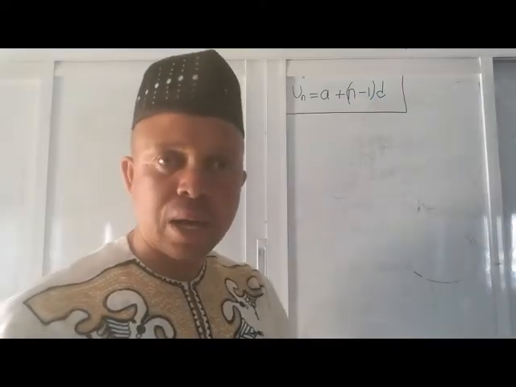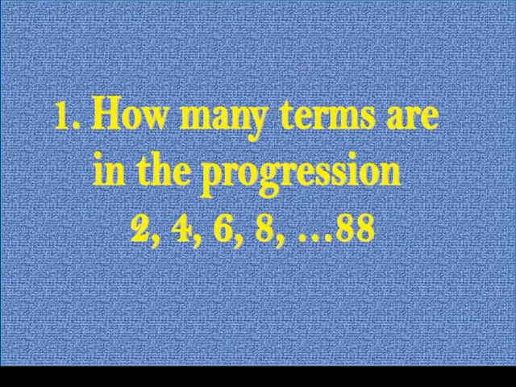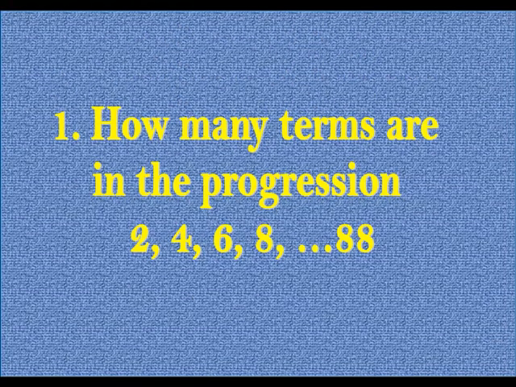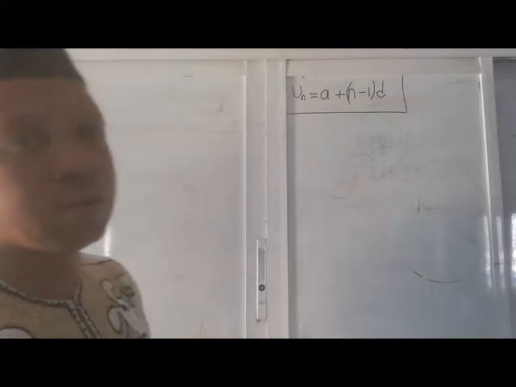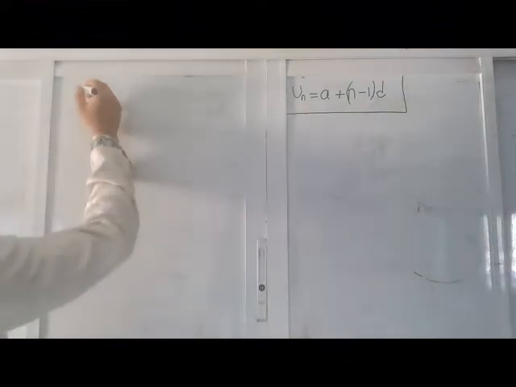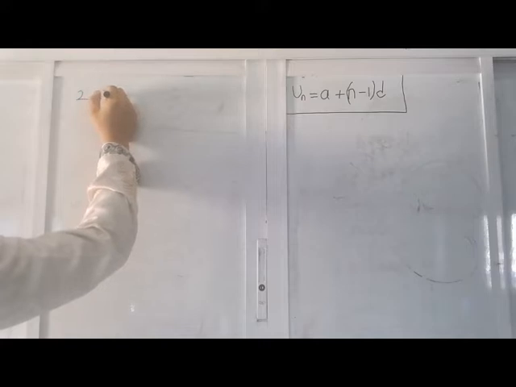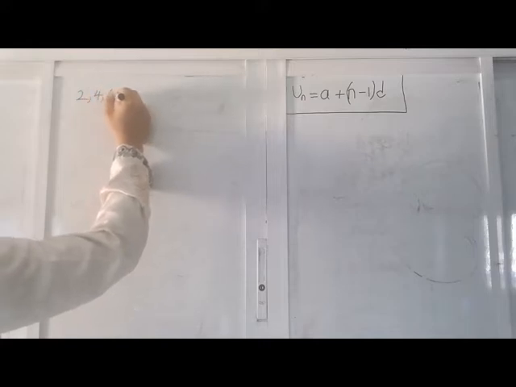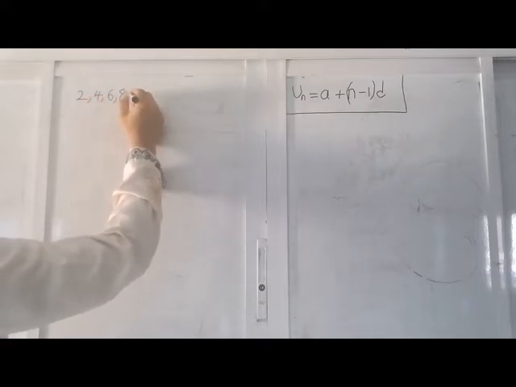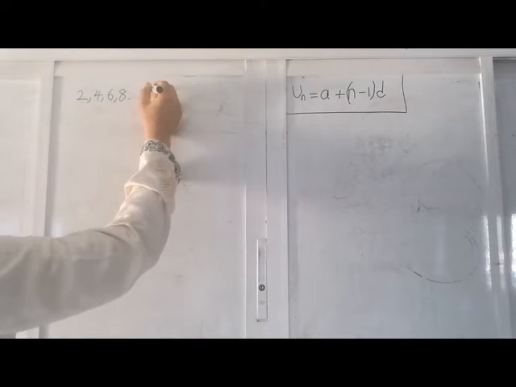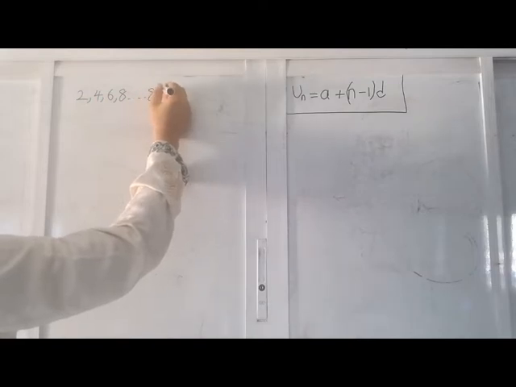So let's take our first question. How many terms are in the progression 2, 4, 6, 8 up till 88? From this question, you'll notice that we have 2, 4, 6, 8, and continuously to 88.